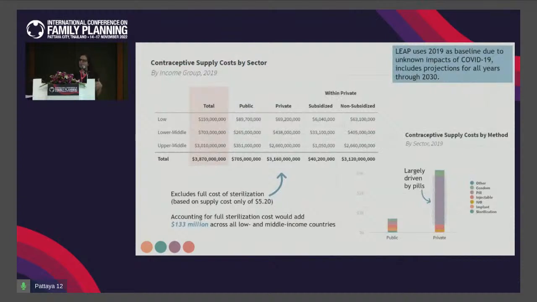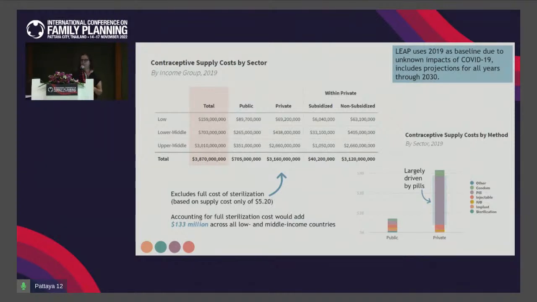So when we put all this together, we get to our estimates of total spending on contraceptive supplies by sector. So here we have some public sector spending estimates. This differs from what my colleagues earlier today looked at because this is just looking at that commodity piece. So we know it's an important piece, but by far not the whole picture of expenditure on family planning. But then adding in that private sector piece, we see it is quite substantial.